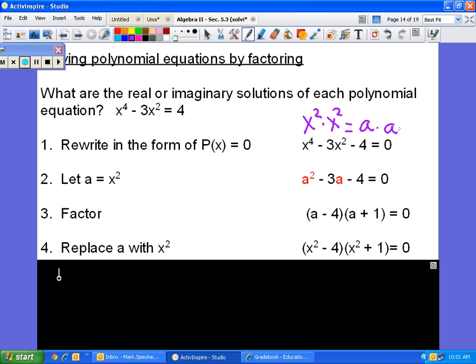And now we're going to factor each binomial. Hopefully by now you recognize this as something. x squared minus 4 is what?